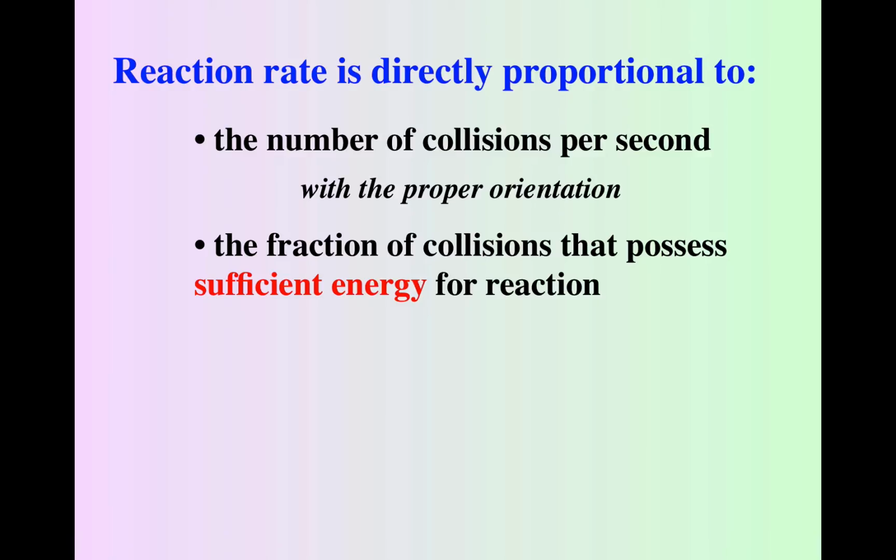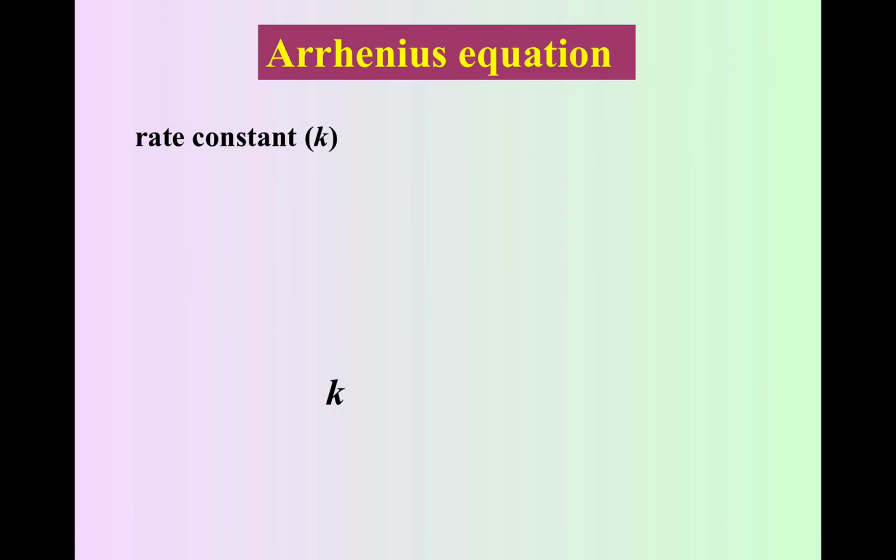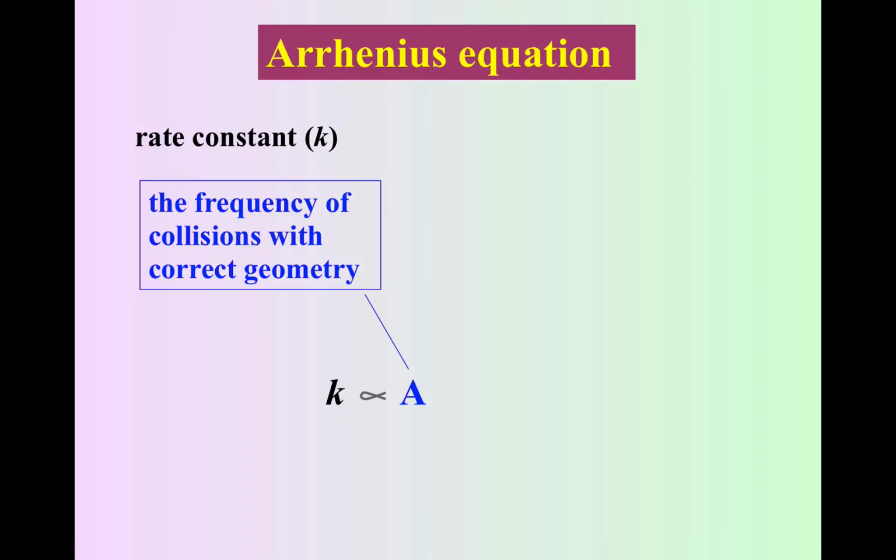All right, so rate of reaction is directly proportional to the number of collisions per second with the proper orientation, and the fraction of the collisions that possess sufficient energy for the reaction to take place, i.e. the activation energy. So the rate constant, the magnitude of the rate constant, big rate constant, fast rate, is going to be proportional to some frequency of collision term, right?